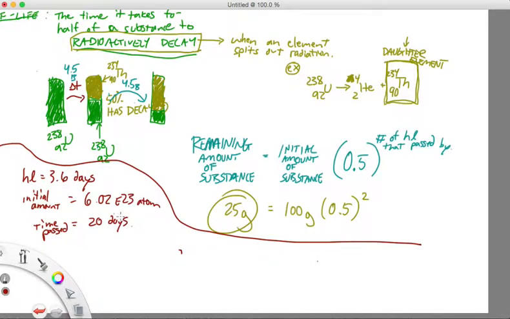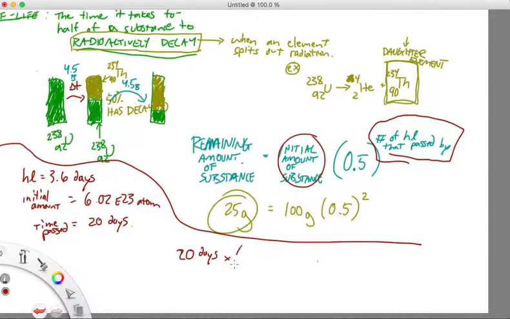The first thing you need to find here, since we know the initial amount, is the number of half-lives that have passed. The amount remaining is what we don't know, that's our question. How do we do that? Well, we take the time that has passed, 20 days, and we know that there is one half-life every 3.6 days.